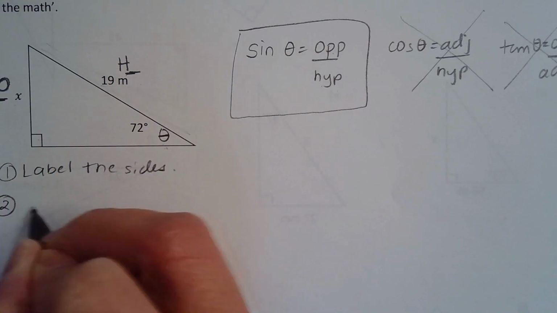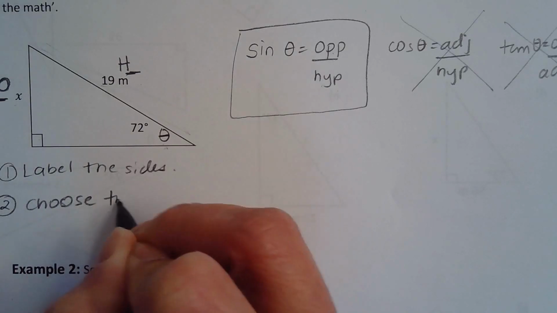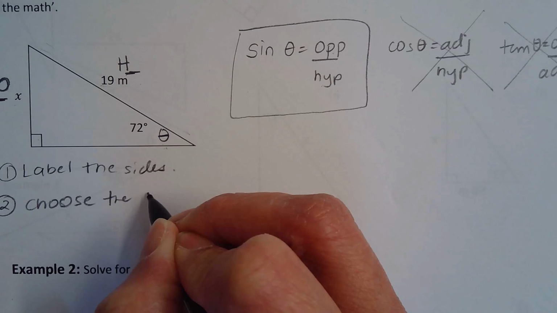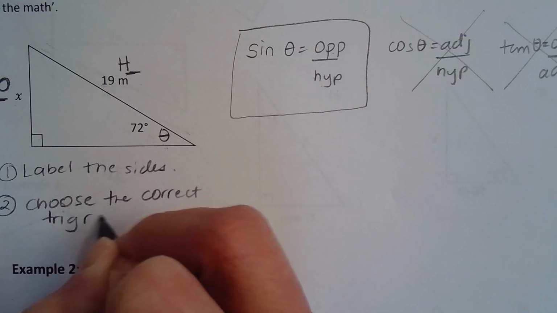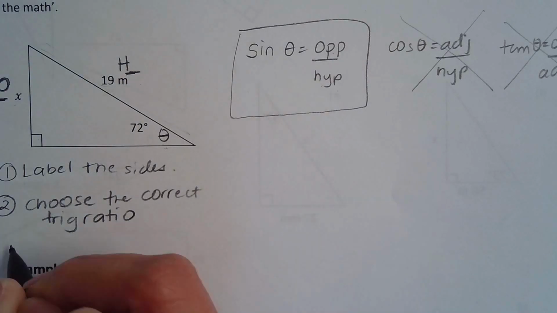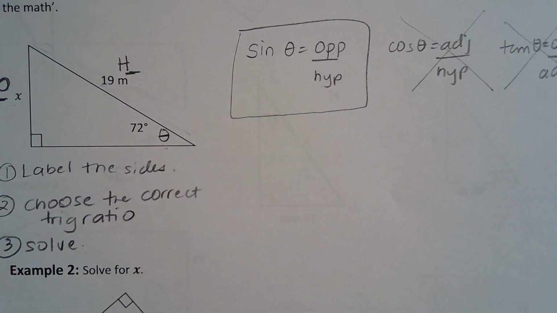And then number 2, choose the correct trig ratio. And then step 3 would be to solve.